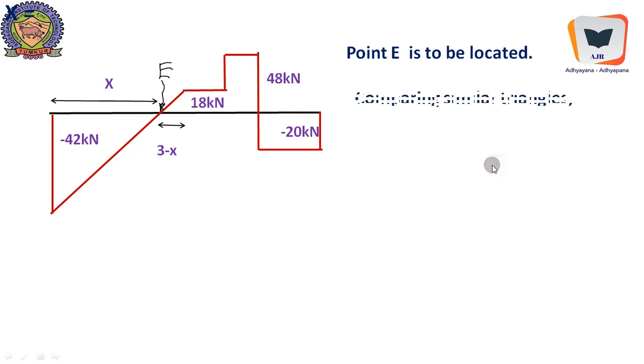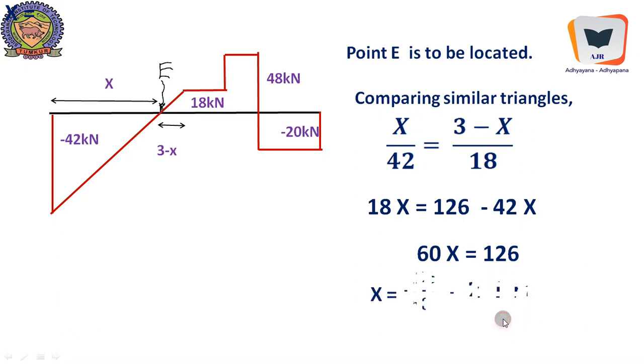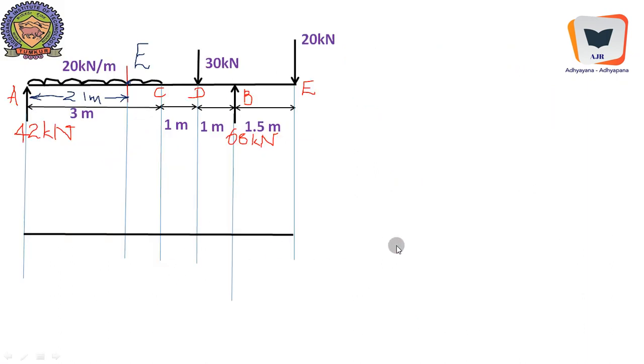So point E is to be located. Comparing similar triangles, x by 42 equal to 3 minus x by 18, and upon solving this we will get x equal to 126 by 60, that is 2.1 meter. So from the left support, the point of zero shear force is located at a distance of 2.1 meters.